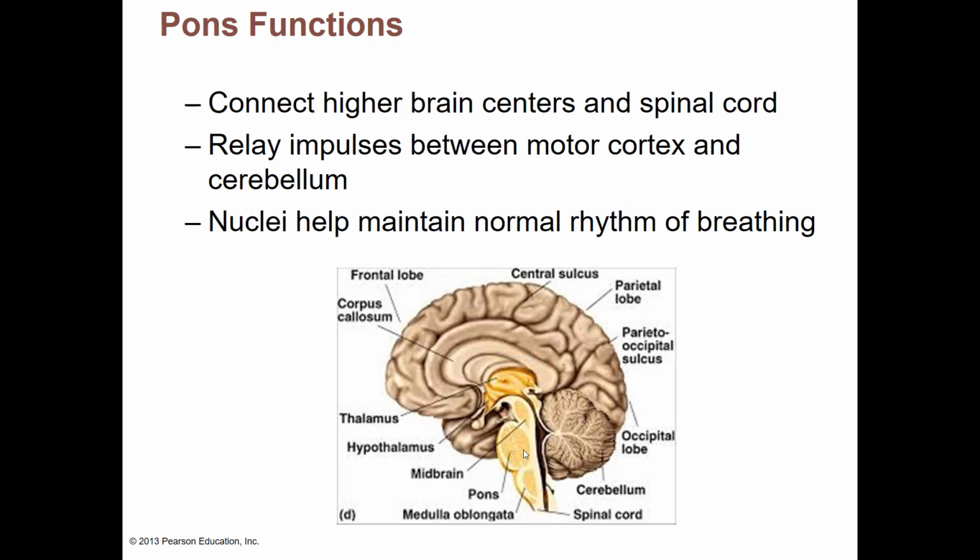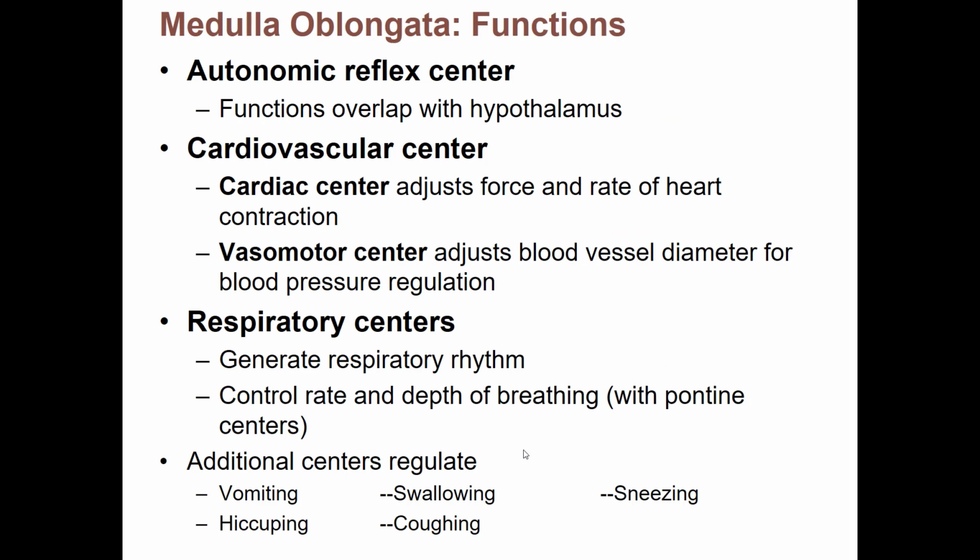And then the medulla oblongata, right below that, has a lot of different functions, and if this particular region of the brain becomes damaged, because of what it can control, it is always fatal. One, it has some functions that overlap with the hypothalamus, controlling some of those autonomic nervous systems, like your heart rate, your respiratory system, your breathing being triggered.